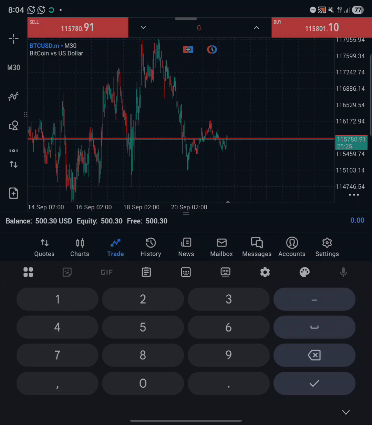Look at the upper part of this panel and you will see, let's use 0.01. 0.01 is what we call micro lot size, which is the tiniest lot size, which won't actually give you a whole lot of money.